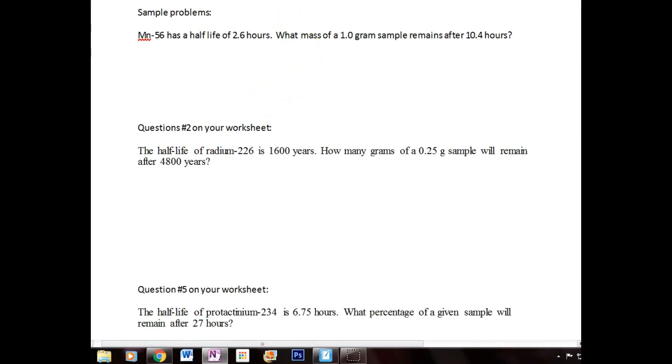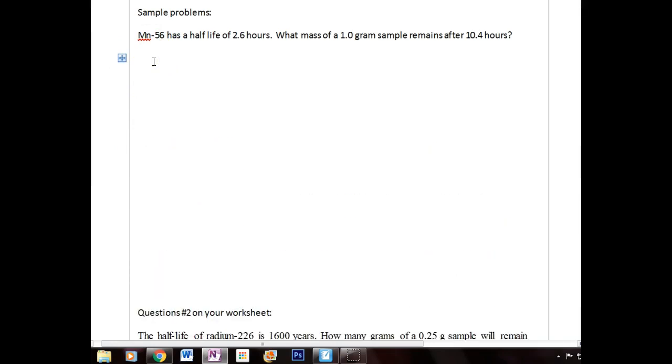Okay, so this problem, we have Mn, manganese-56, and they give us some other information. So this is a two-step problem. First thing that we're going to do, I'm going to scooch this down a little bit to get this out of the way. These types of problems are, like I said, two-step problems.